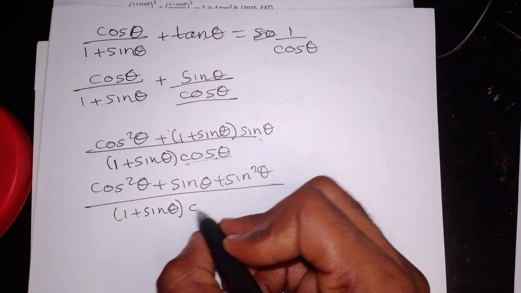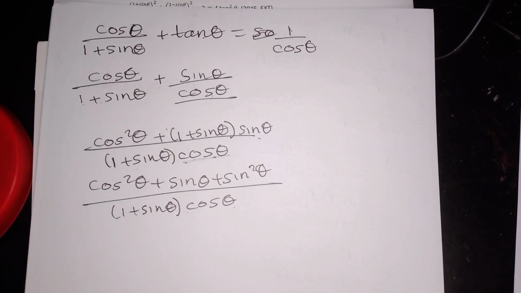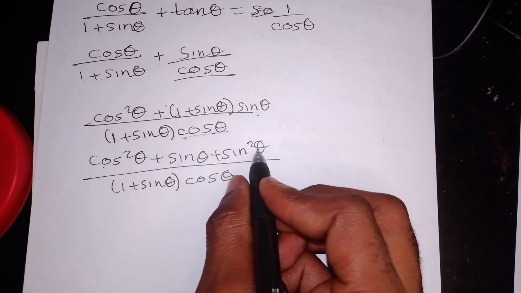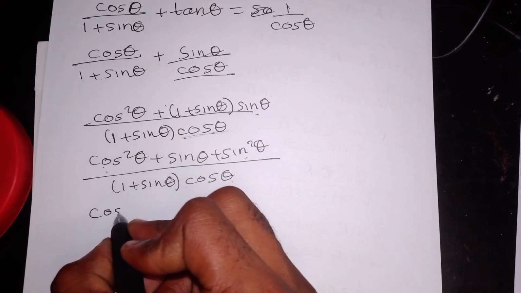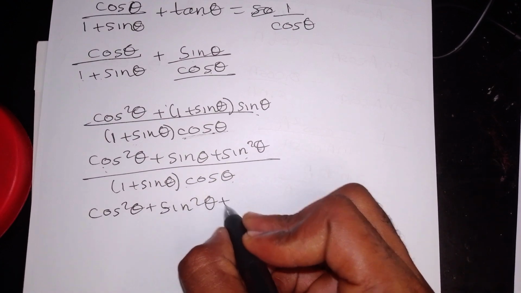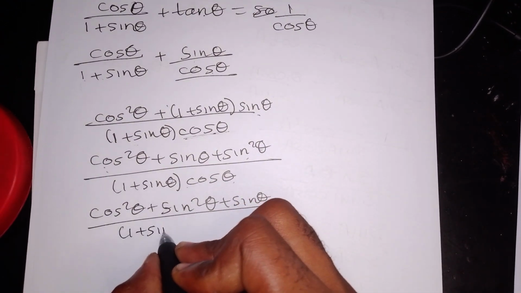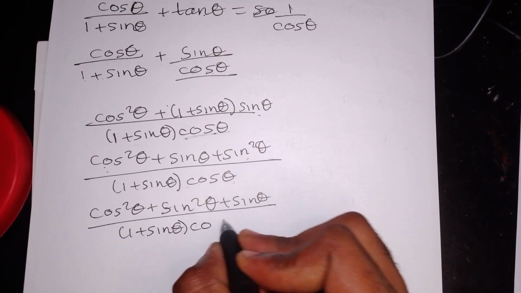Once again, leave the denominator as it is. You need the cosine. You need to get rid of this. So we can put these two together. Remember this identity. So 1 plus sine theta cos theta.